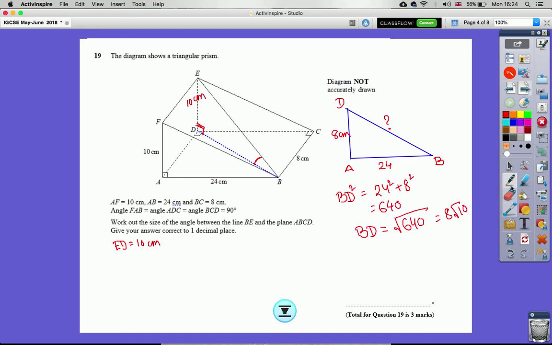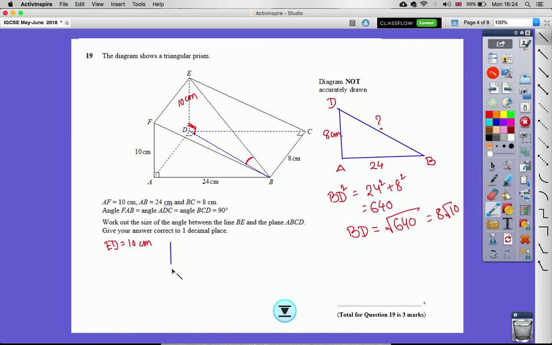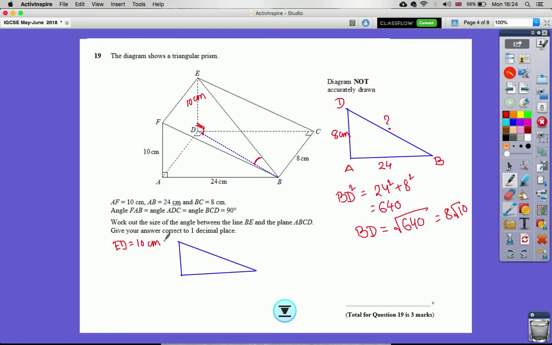Now I've got my second triangle, triangle EDB. BD I just worked out is 8 square root 10 and ED is 10 centimeters.